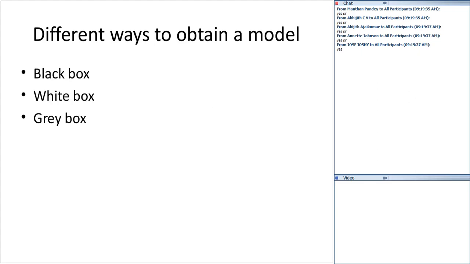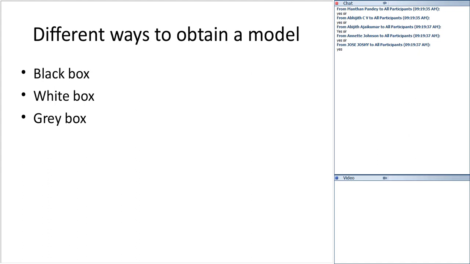So, different ways to obtain a model. These are interesting colors. One is black box modeling, another is white box modeling, another is gray box modeling. First we will start with black box modeling. As the name indicates, you don't know what is there inside.